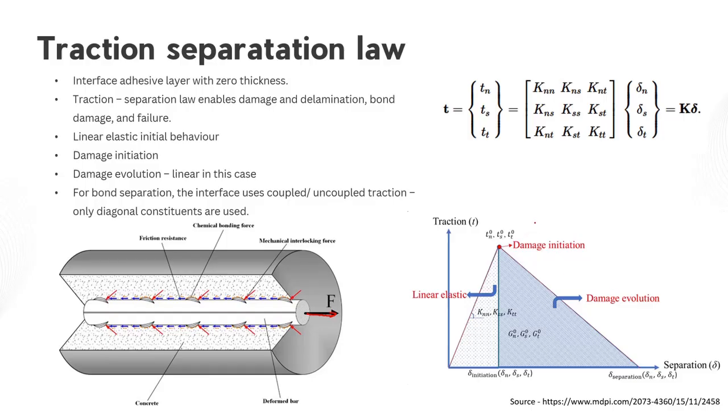Once we are talking about the splitting failure, that's very well accommodated by a linear elastic branch at the beginning. Once we hit this damage initiation, progressive damage starts, and that's experienced by the decreasing of the stiffness at every point.